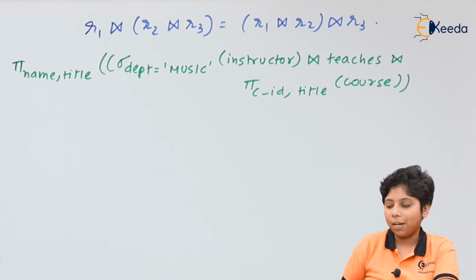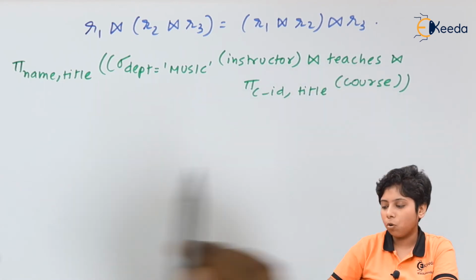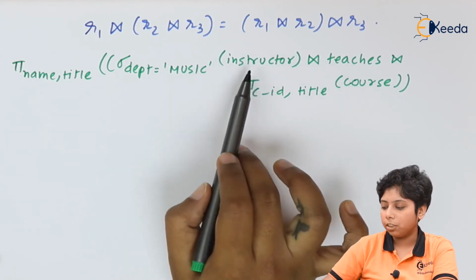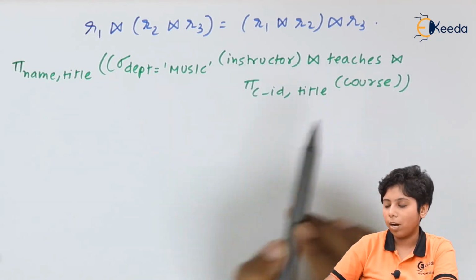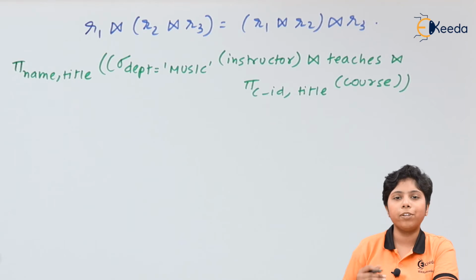now it doesn't matter whether we perform the teaches-course joining along with the instructor, or the instructor-teaches joining with the course. So we will join the following attributes and then see what replacements we can perform on this query.